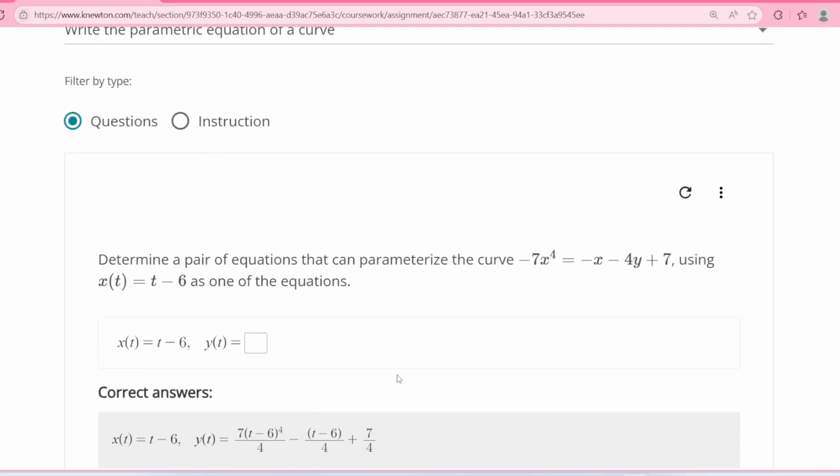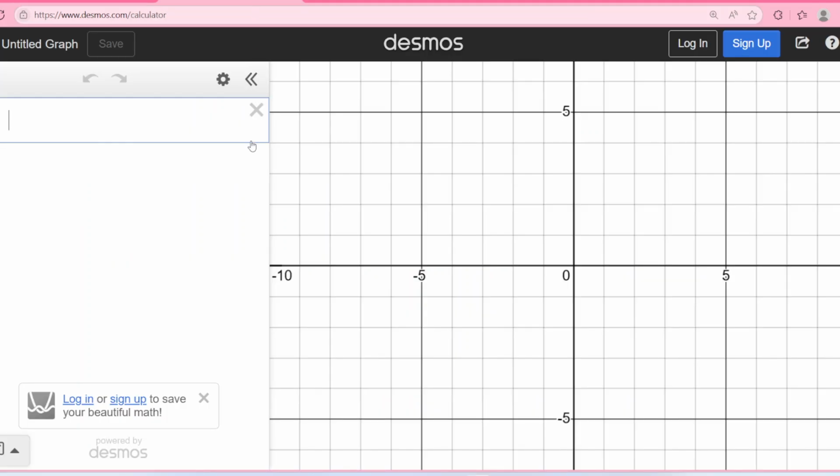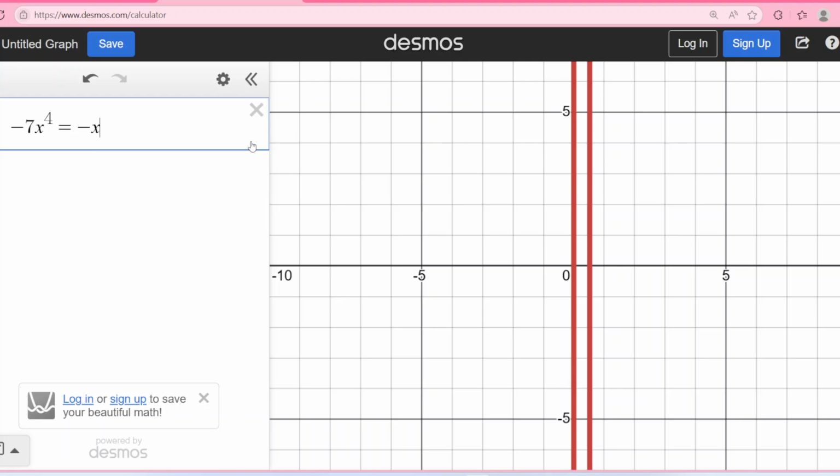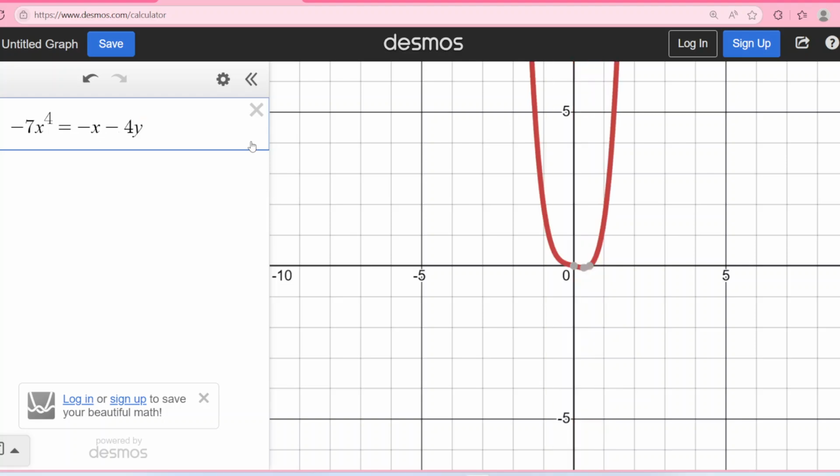Now if we'd really like to double check and hammer it home, I'm going to go to Desmos. This is desmos.com, a free online graphing calculator site. Let's take a look at the equation of the curve they gave us initially. We had -7 x to the fourth power equals -x, or the opposite of x, minus 4y plus 7.